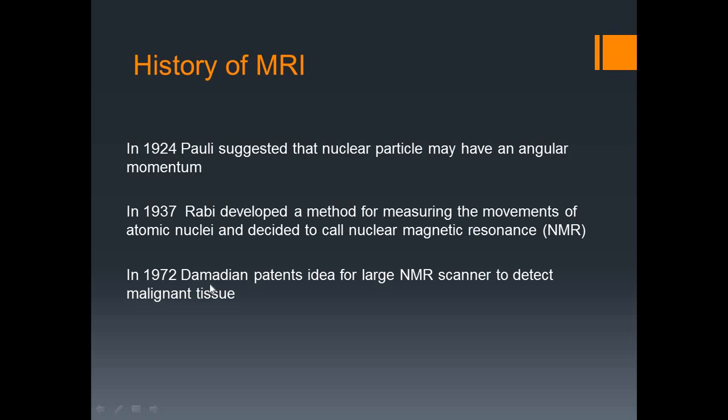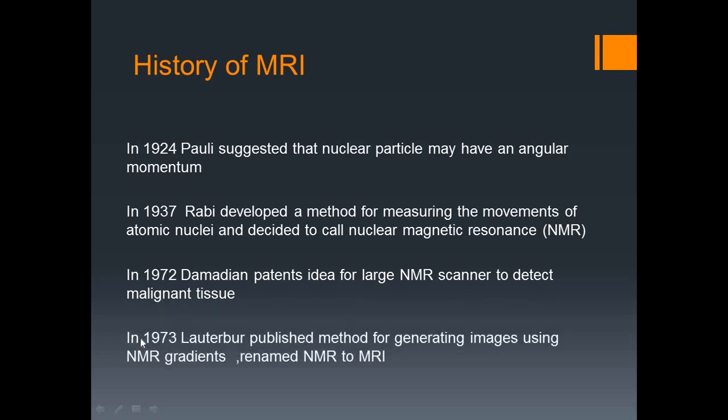In 1972, Damadian patented an idea for a large NMR scanner to detect malignant tissue. And finally, in 1973, Lauterbur published a method for generating images using NMR gradients and renamed NMR to MRI. So this is the history behind today's MRI machine.